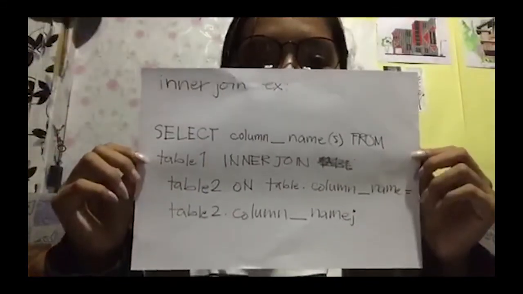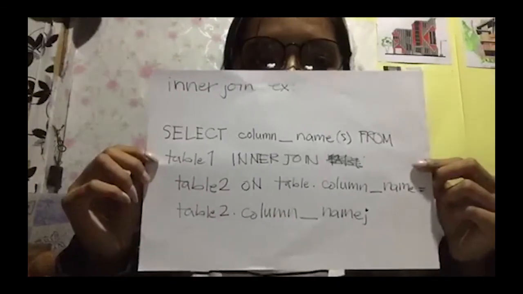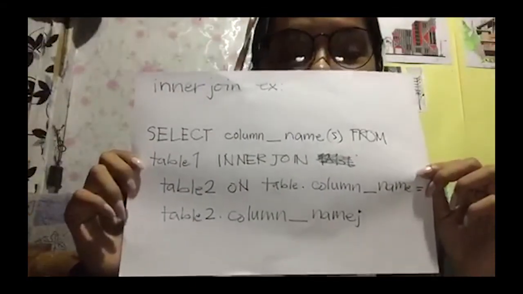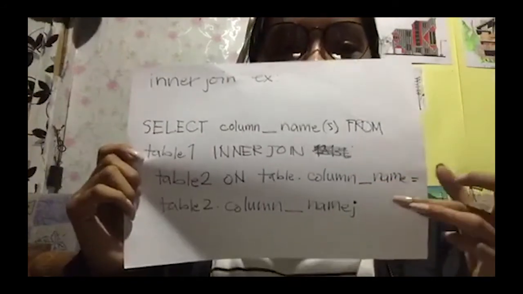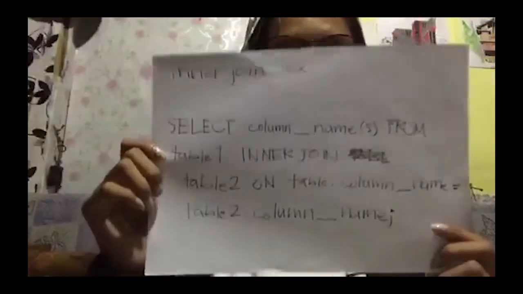Inner join includes only those tuples that satisfy the matching criteria. The inner join is only for the matching columns. Here is an example of an inner join: select column_names from table 1 INNER JOIN table 2 ON table1.column_name equals table2.column_name. This is how you type an inner join.